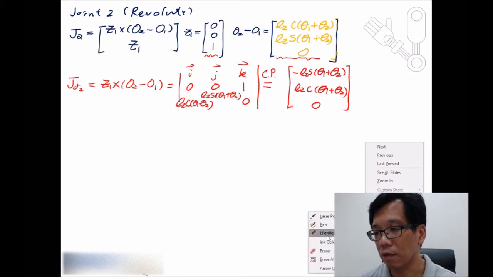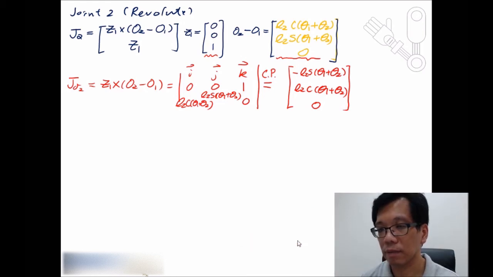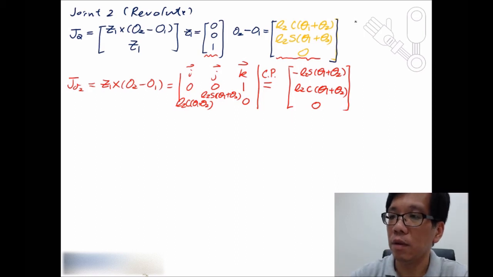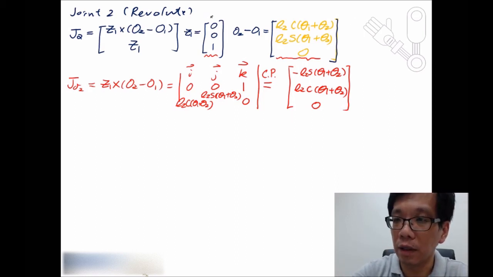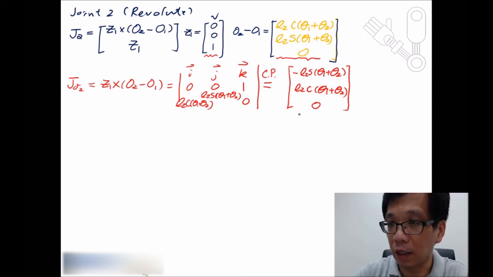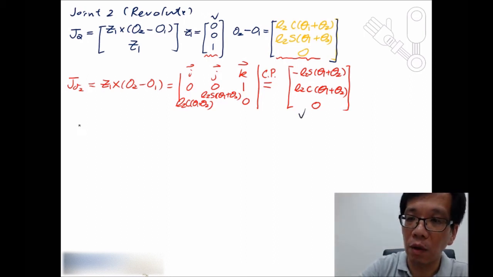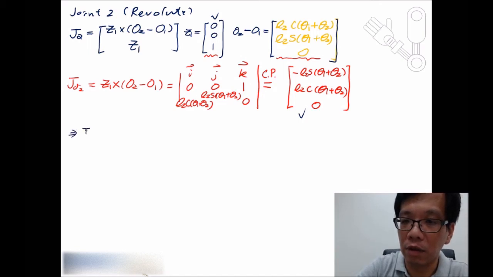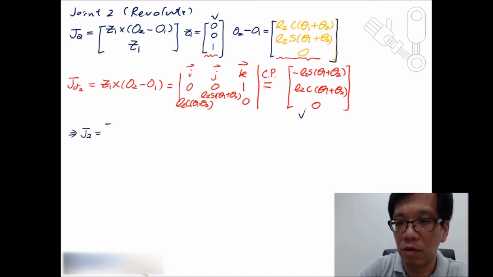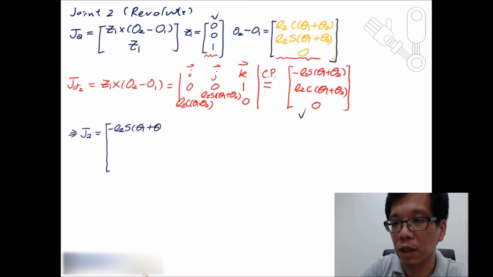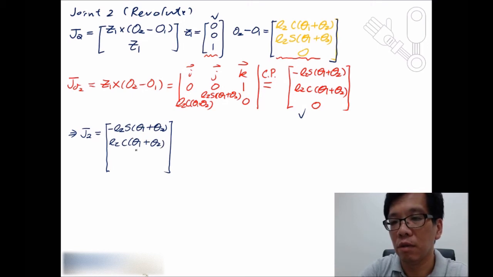So let's synthesize everything. By combining this one and this one, we have our J2 equals to negative L2 sine theta 1 plus theta 2, L2 cosine theta 1 plus theta 2, 0, 0, 0, and 1.